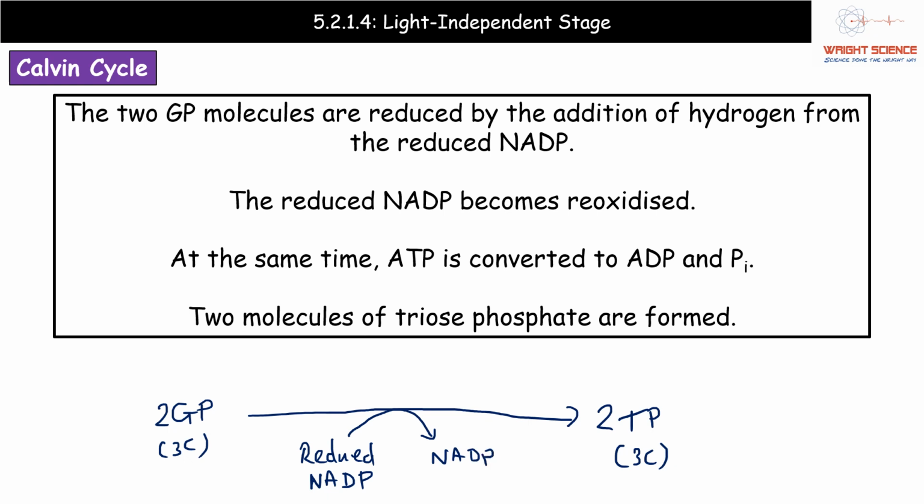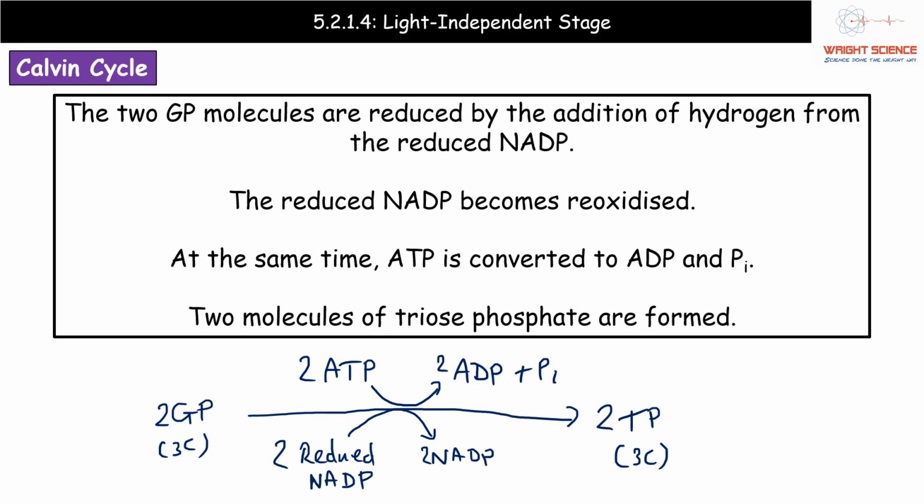So what we actually see is this is going to happen with 2 of them. So we've got 2 reduced NADP forming 2 NADP. And at the same time, we're going to see ATP being converted into ADP and inorganic phosphate. What's actually happening here is we're utilizing the energy from that ATP to bring this change about.